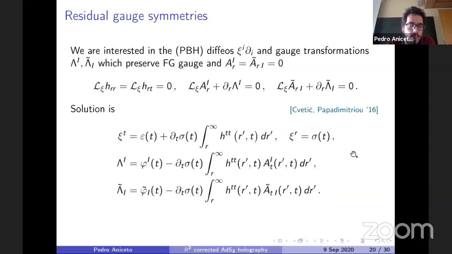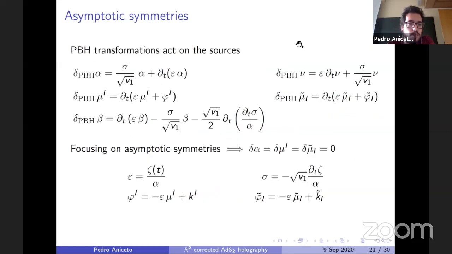On the sources, when applying these residual gauge symmetries, we find that they act on them like this. And since we are working at 0 order in the new source, we will not be imposing anything on it. But we will be imposing that our asymptotic symmetries leave the sources invariant.